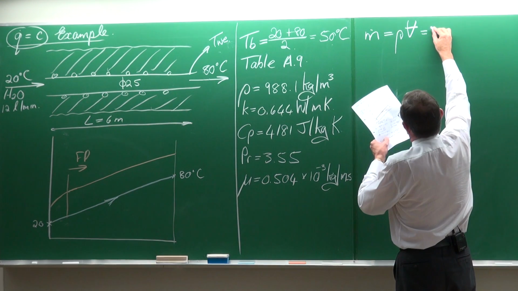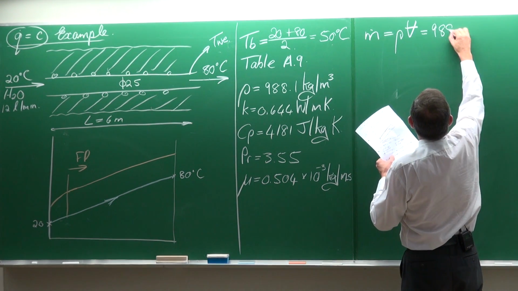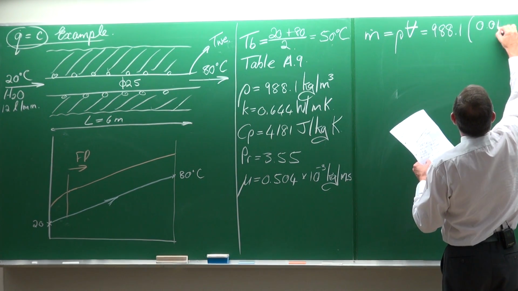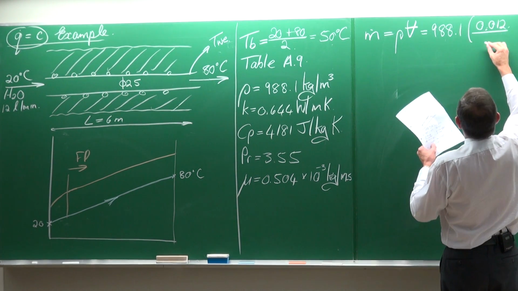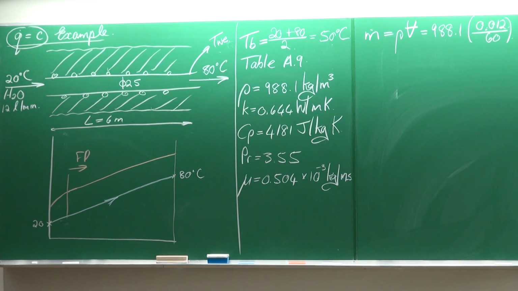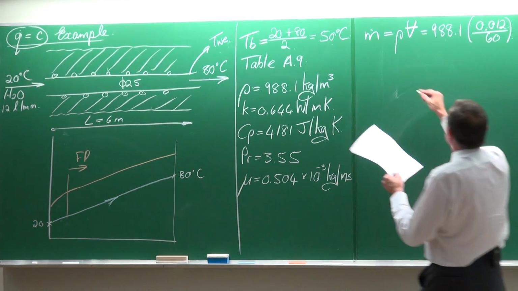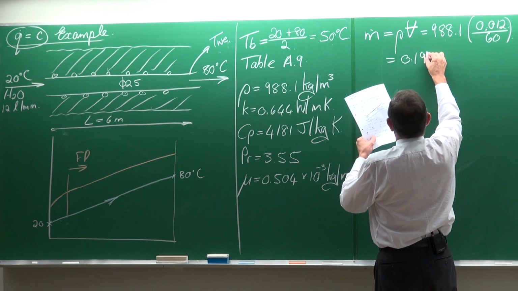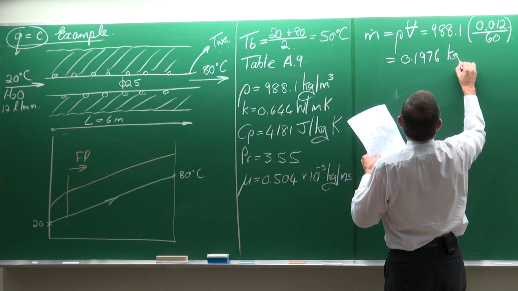The density of the water is 988.1, and the volume flow rate is 0.012 cubic meters per minute, so we have to divide by 60, and the result is a mass flow rate of 0.1976 kilograms per second.